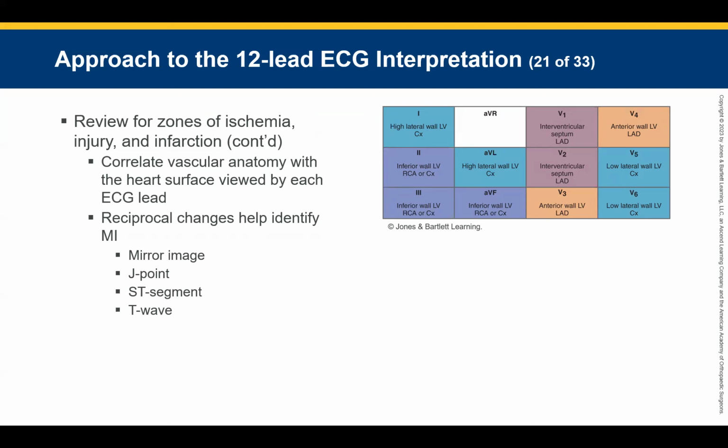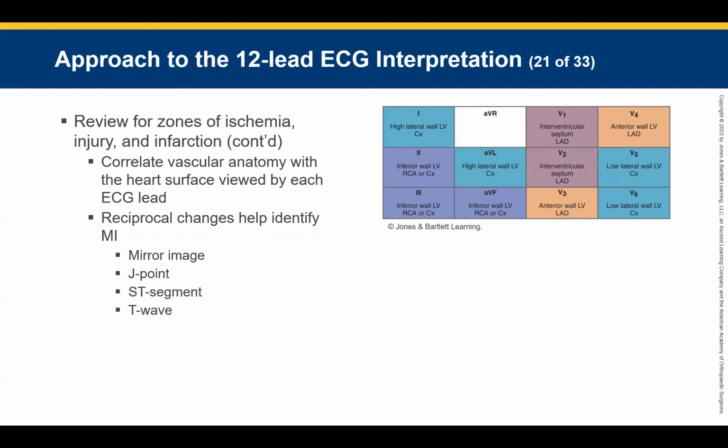So if your lateral is elevated, you can get a reciprocal change of your inferior depressed, meaning this ST segment does something like that. See how it's up? On this one, same 12 lead, but this is the inferior leads. You might see something like that, where the J point is depressed.